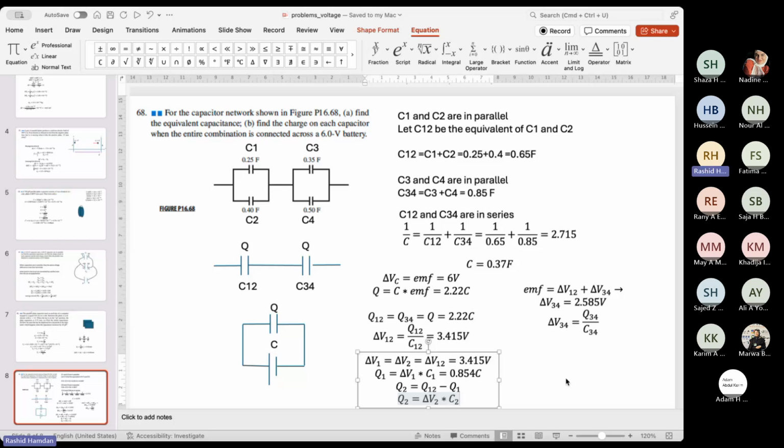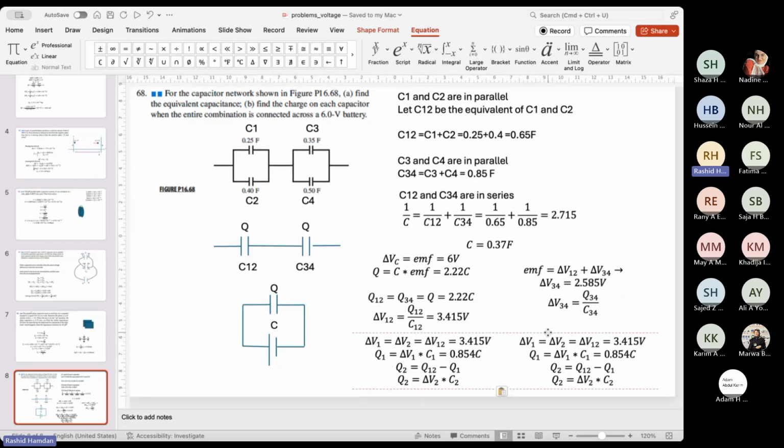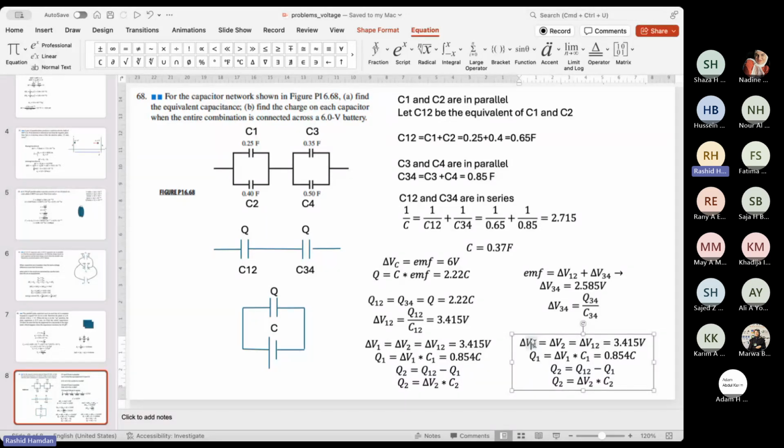I can do the same for 3 and 4. So for 3 and 4, I have delta V3 equal to delta V4 equal to delta V34, which is equal to 2.585, and then Q3 is equal to delta V3 times C3. I will leave the numbers out and you know what to do here.